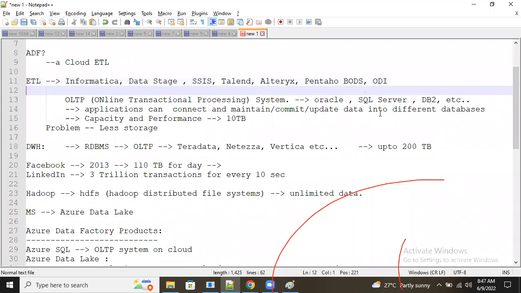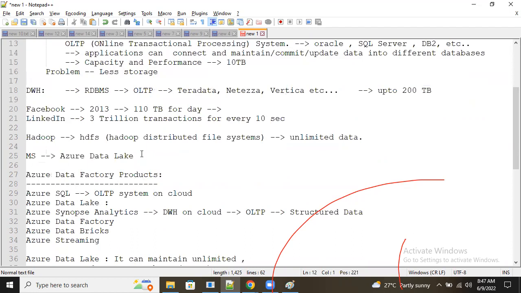These are the different ETL tools available in the market. These are all on-premise based ETL tools. But Azure Data Factory is a cloud-based ETL tool.